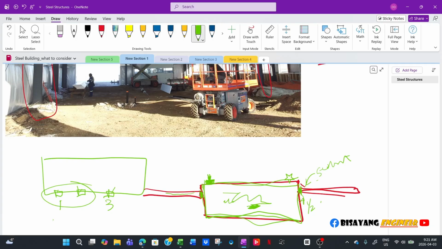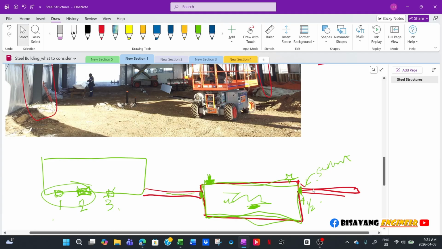You have to clearly specify that it is not allowed. Otherwise, you have to assume that the worst case would be one and two, and then one, two, and three at the same time. These three vehicles entering your building at the same time is highly unlikely, but at least it is clear in the drawing what your assumptions are.